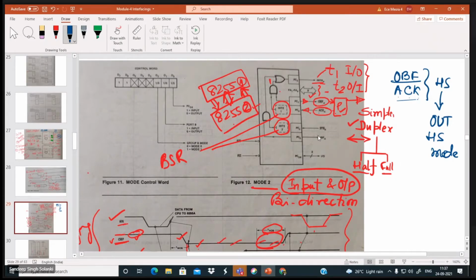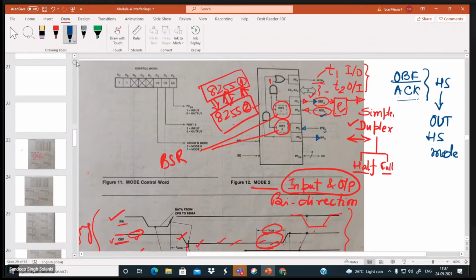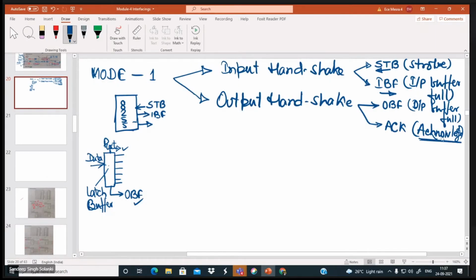You see, IBF is going out, OBF is going out, and this acknowledge and strobe is coming in. Don't forget this, because this buffer gets full only when the data is available on the port. These signals will be generated automatically by 8255. Is it okay now?